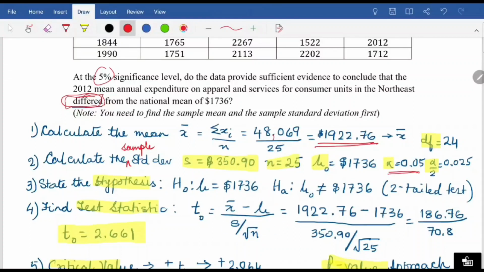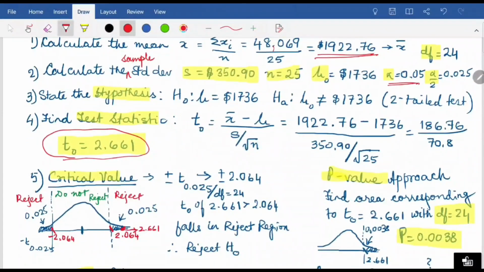Again, you will be provided a formula sheet on the test, as well as tables and everything that you will need. So x bar minus mu divided by s divided by square root of n. When we plug in all these values, we come up with a t sub 0 value of 2.661.